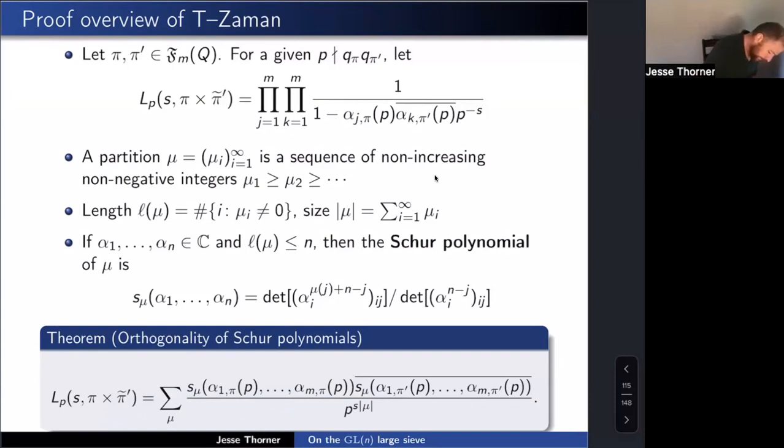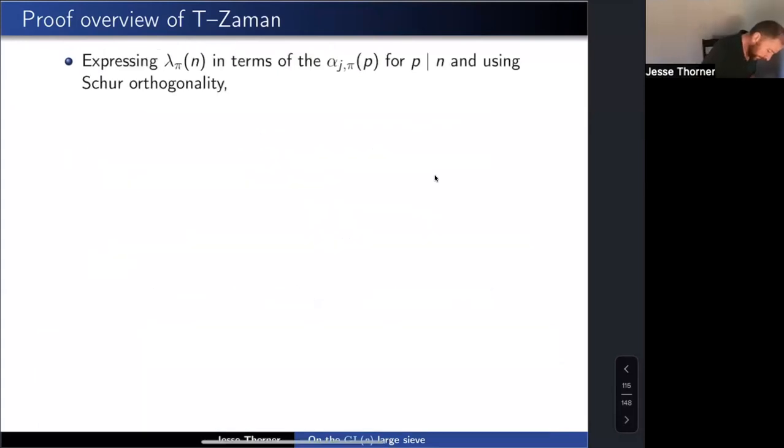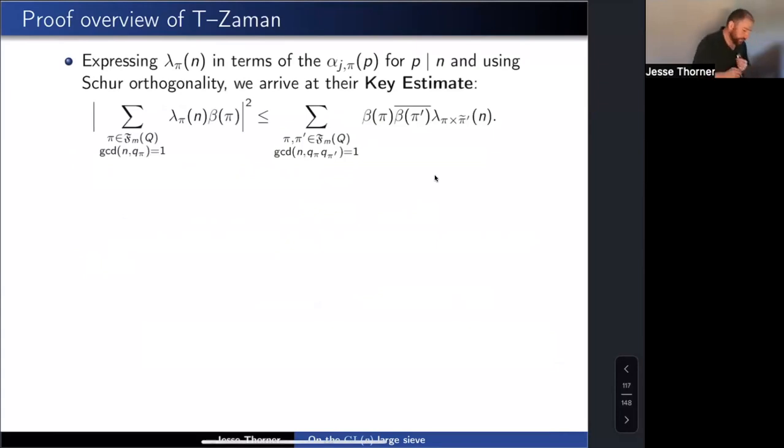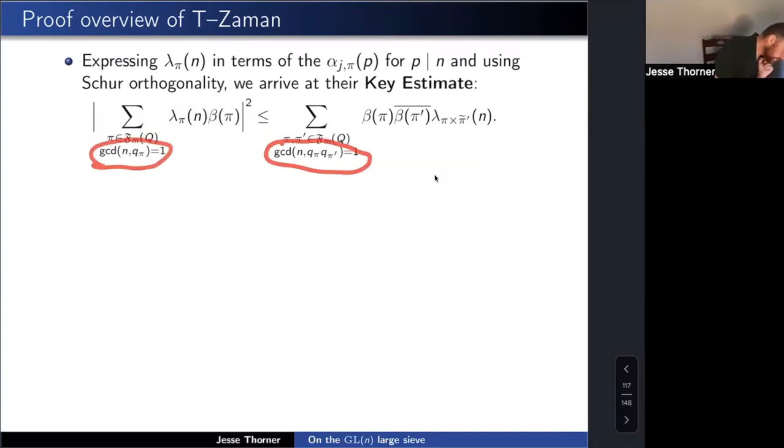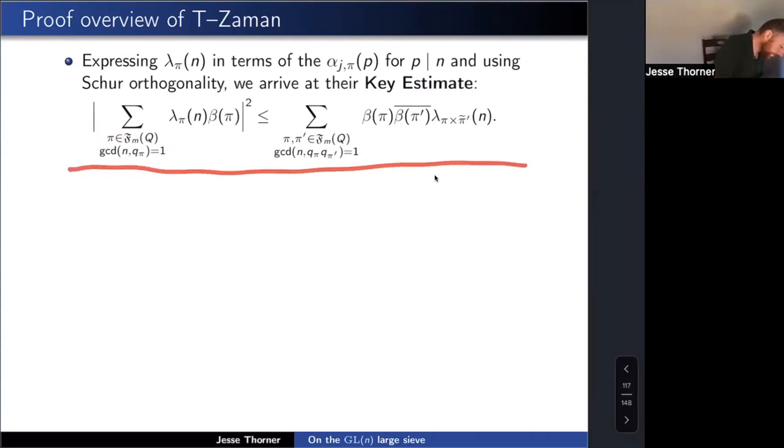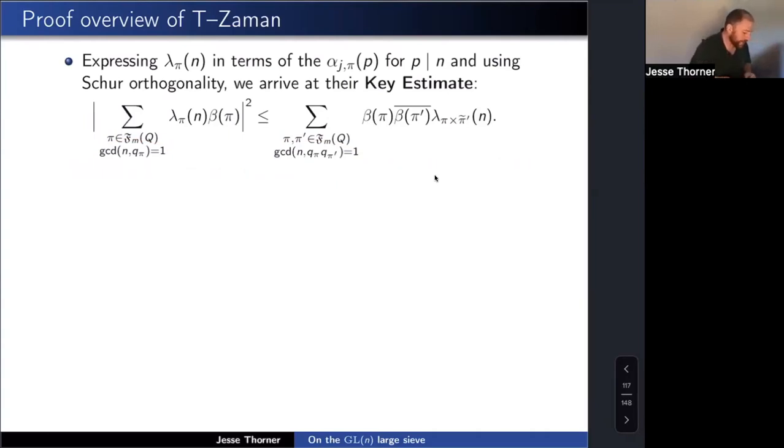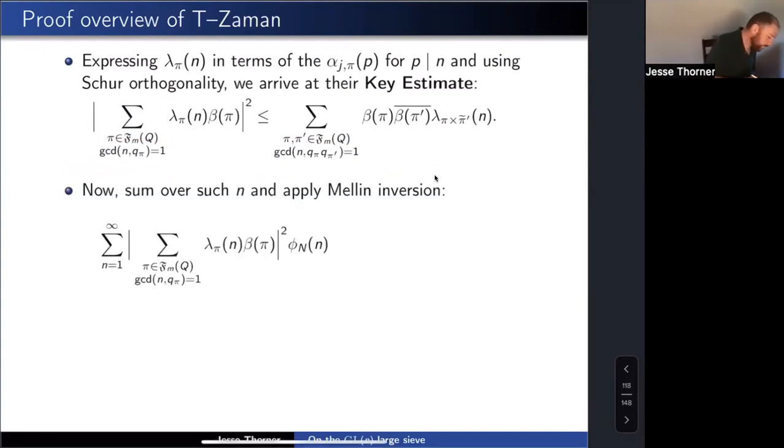And using this orthogonality of Schur polynomials, as long as we insert these GCD conditions, we can establish this inequality for each n. And then we sum both sides of this over all n.